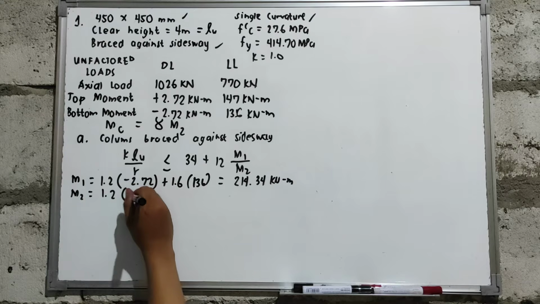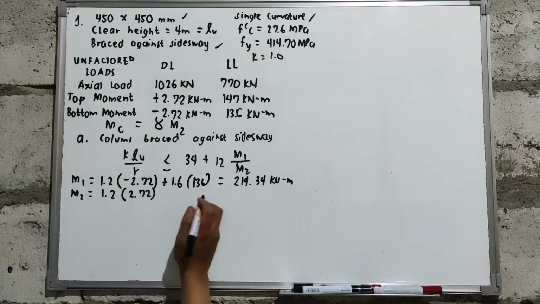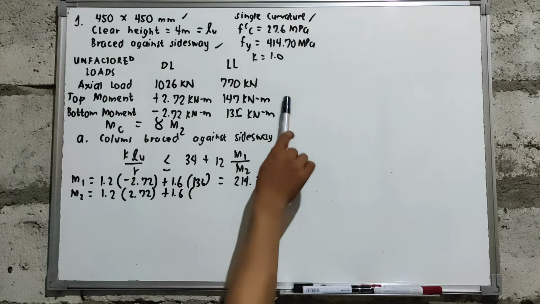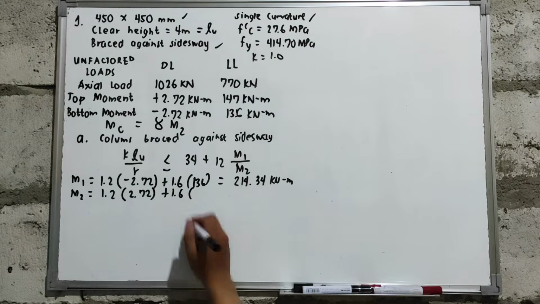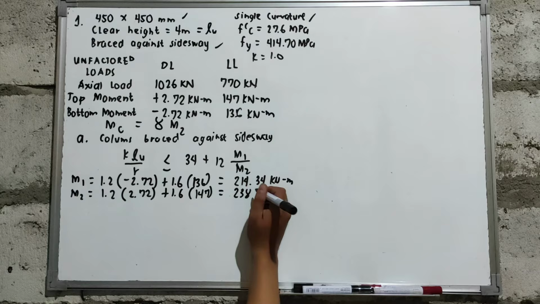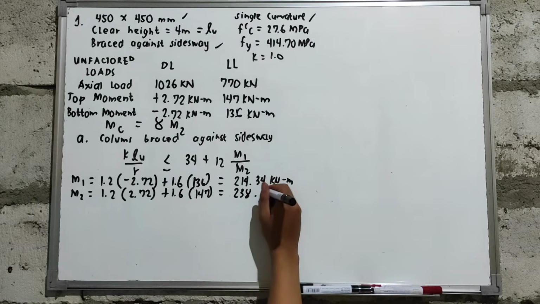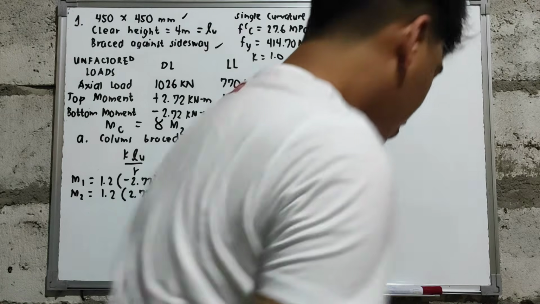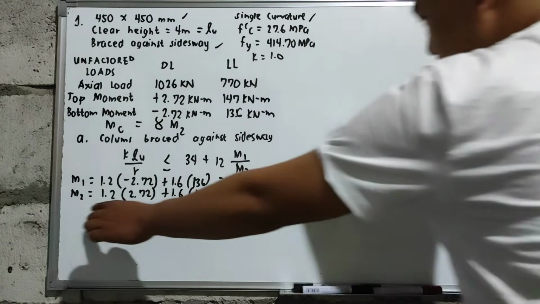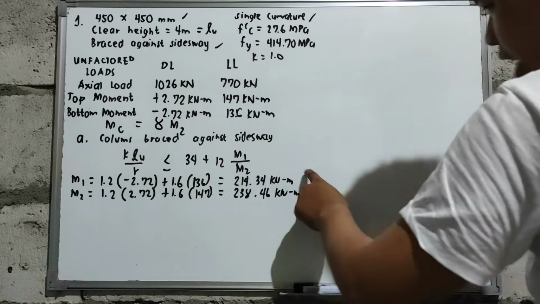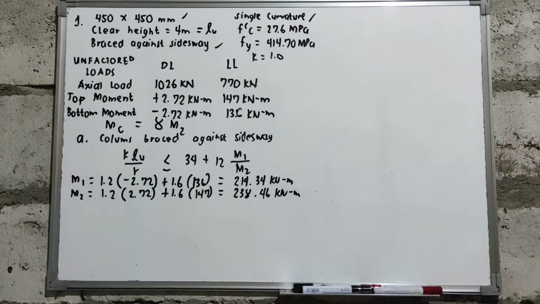Next, let's compute the value of M sub 2, which is the top moment. 1.2 times the positive dead load 2.72, plus 1.6 times the live load 147. You will have a value of 238.46 kN-m. Comparing the two, M sub 2 is higher than M sub 1.